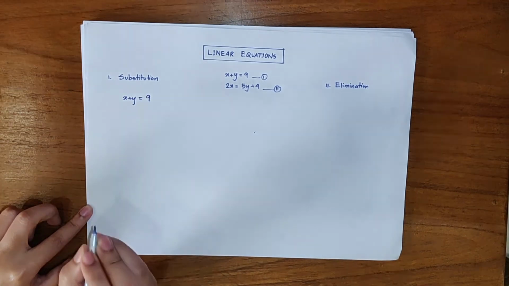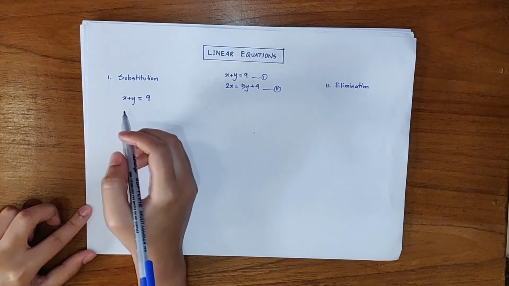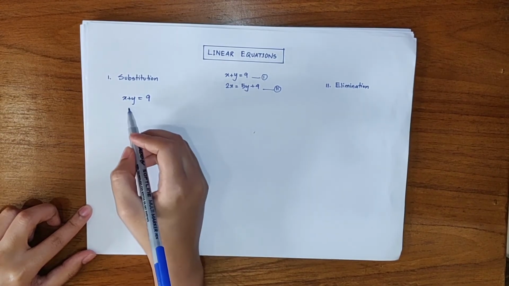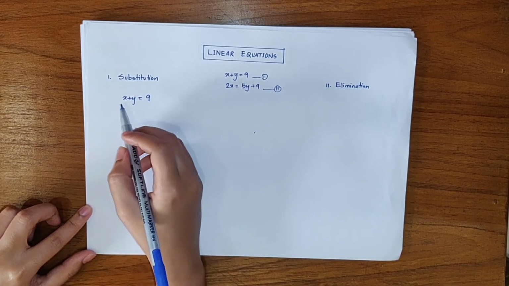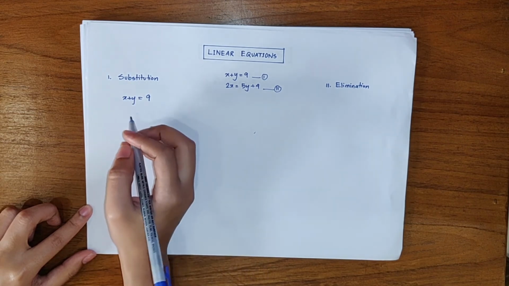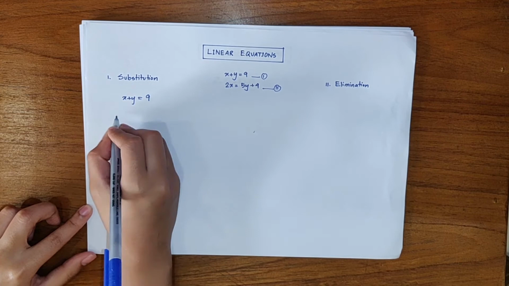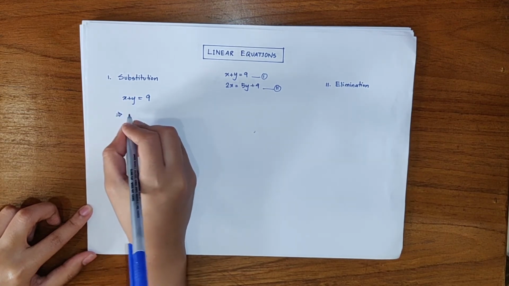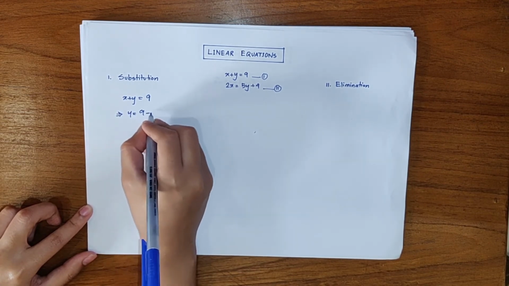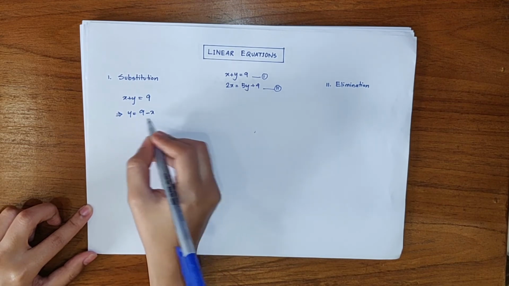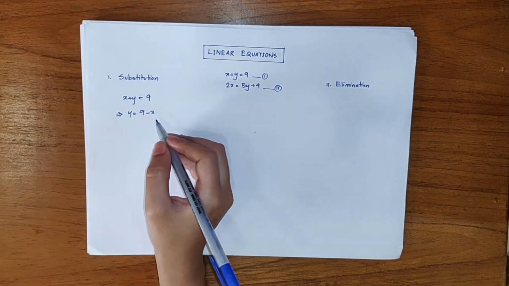Now if we take equation 1, x plus y equal to 9, now we have to express x in terms of y or y in terms of x. So let's say that we want to express y in terms of x, then the equation will look like this. Y is expressed in terms of x.